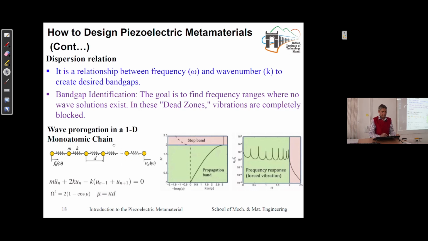So we can assume that a rod is made of many springs and masses. We can see the response of one mass and spring, and that will give you an idea of the complete spring and mass system, and hence the complete wave, because the wave will be flowing inside this medium.